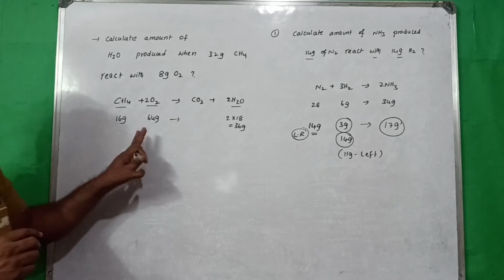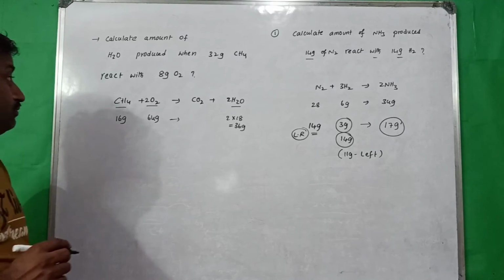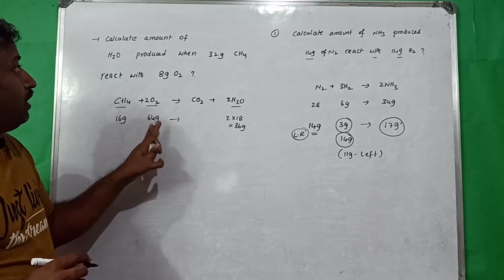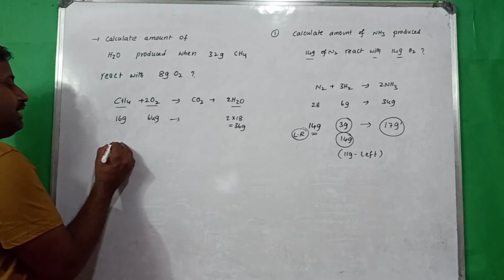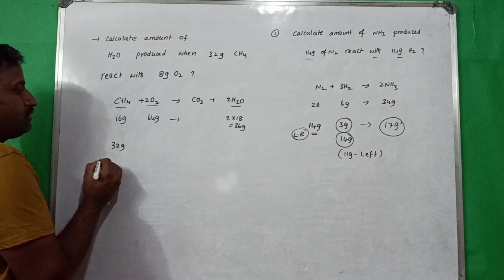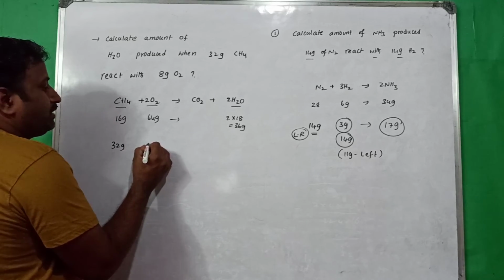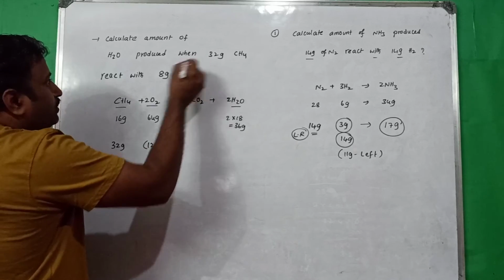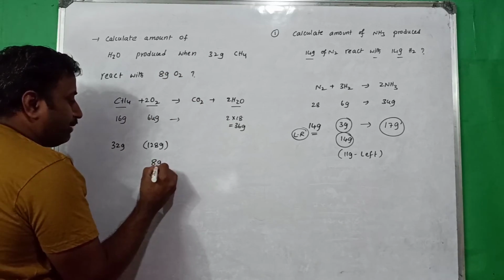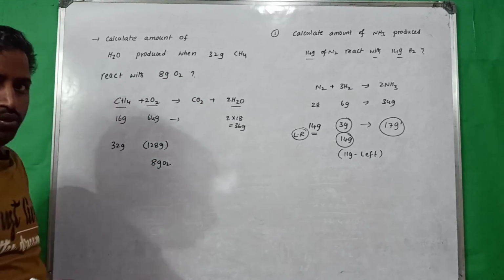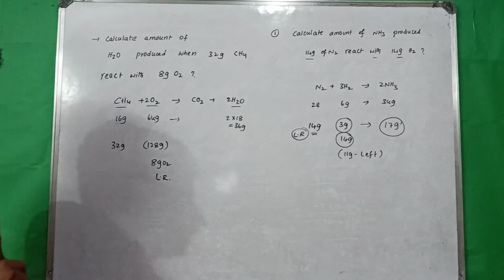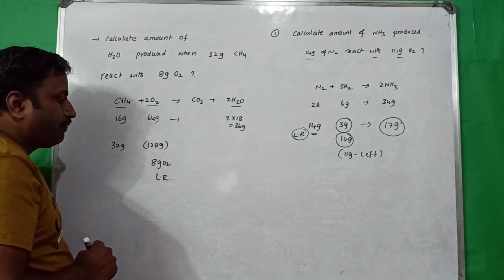First let us see which is the limiting reagent. 16 grams reacts with 64 grams. Here in the question it's given 32 grams of CH4, then it will actually react with 128 grams. But in the question it is given only 8 grams of O2. Then 8 grams of O2 is the limiting reagent.